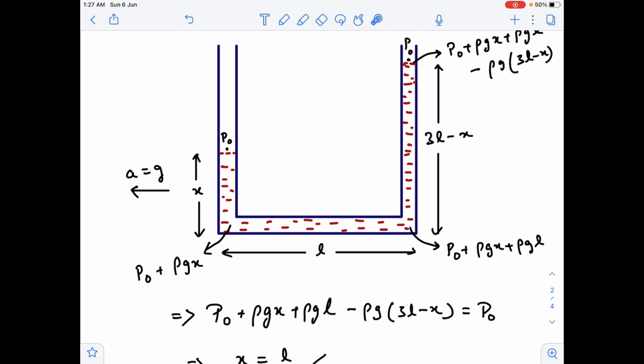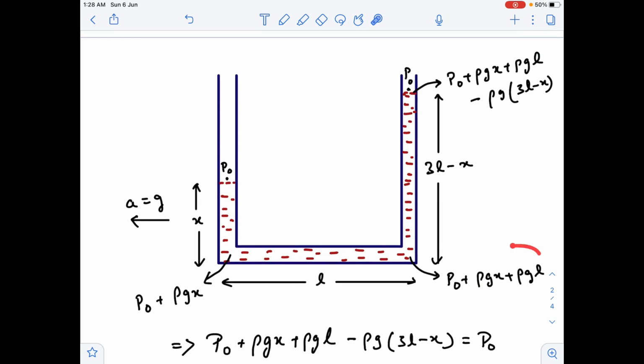The pressure at this point is P naught, the atmospheric pressure. If we come downward, the increase in pressure would be rho g x, so P naught plus rho g x is the pressure at this corner. If we go along this line, we are going against the acceleration, so it gives rise to an additional pressure of rho g L. Then if we rise upwards, there will be a decrease in pressure.